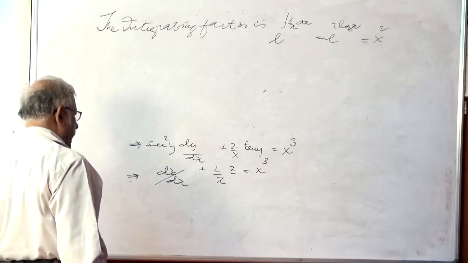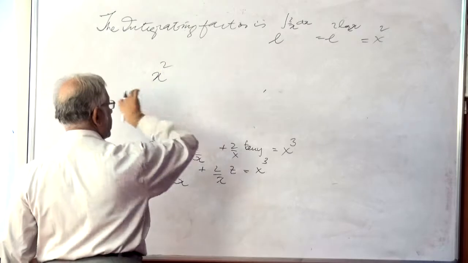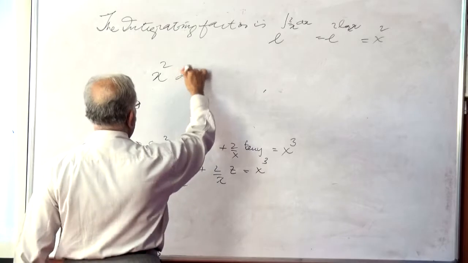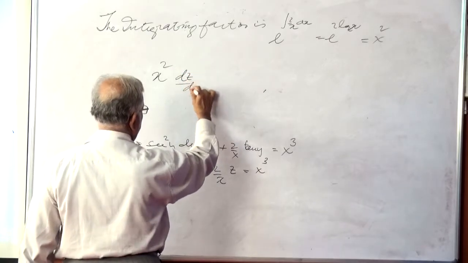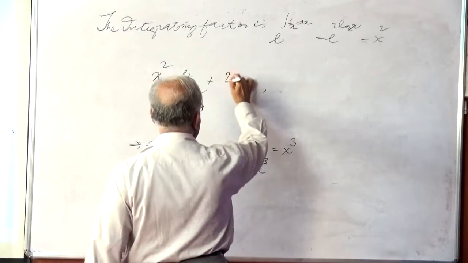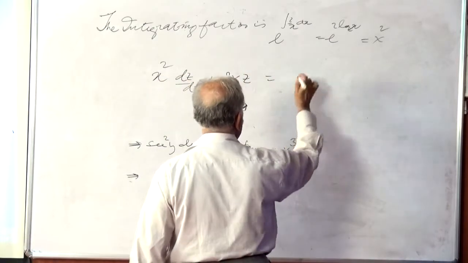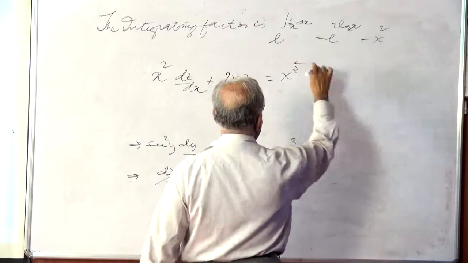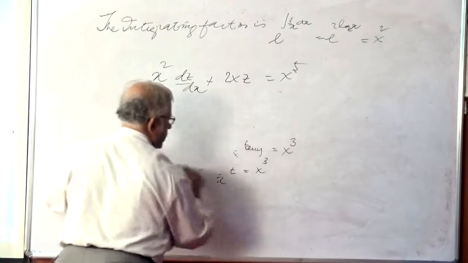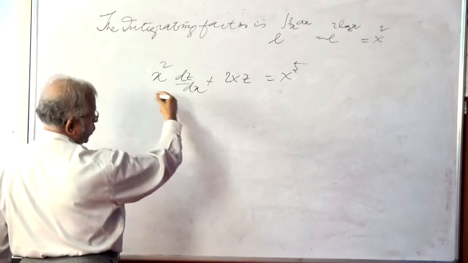So if we do that, we will get x to the power of 2 multiplying by the integrating factor here, x to the power of 2 dz dx plus 2x into z is equal to x to the power of 5. In other words, the left hand side is easily recognizable to be the d dx of x square times z.